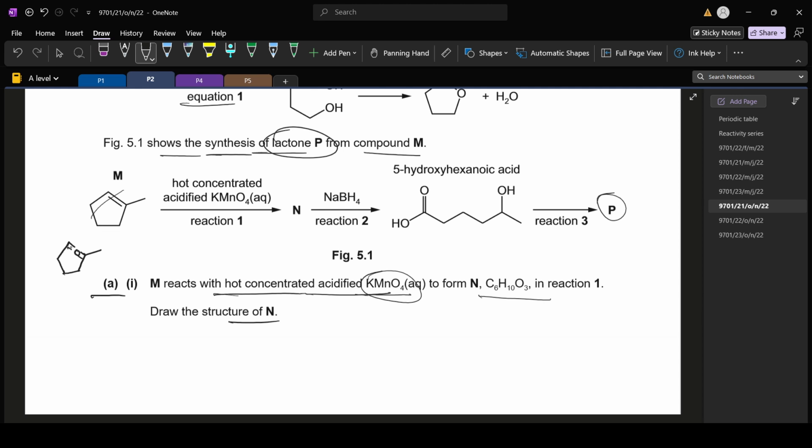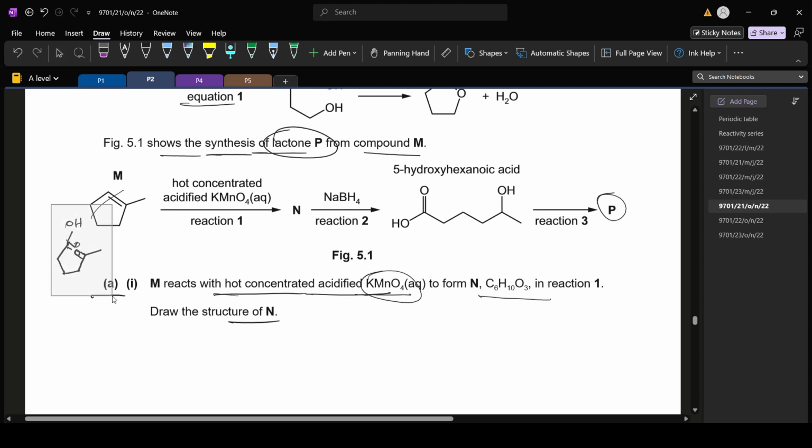The oxygen will attach here, because this carbon has a ketone with alkyl groups attached on both sides. And this other carbon will form a carboxylic acid.